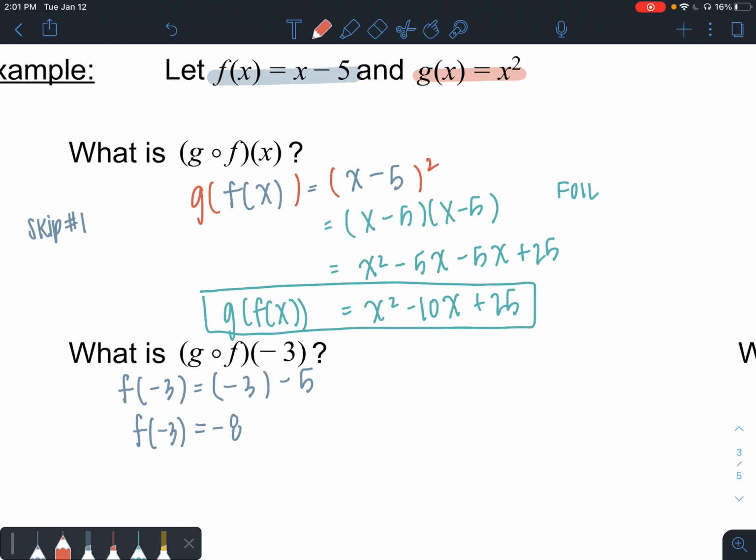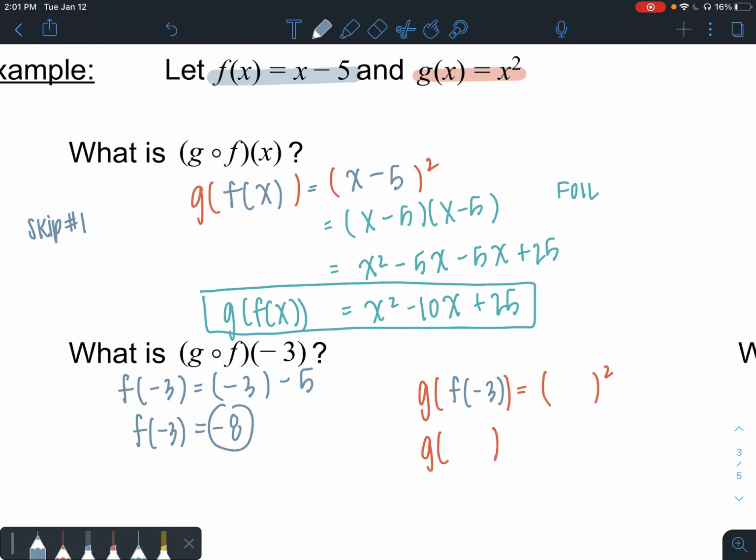Then we need to find g of f of negative 3. So g of x is x squared, and f of negative 3, we already know what that is. It's negative 8.